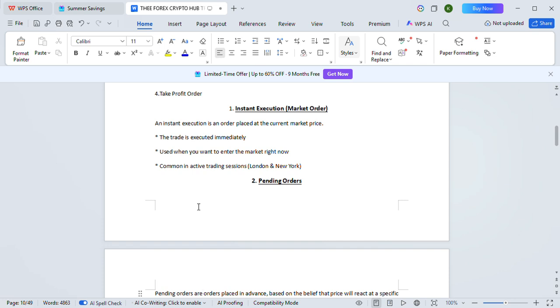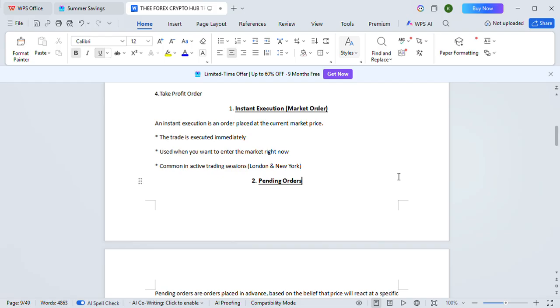When you want to enter the market right now, that is what we call the market order. Like right now, let's look at the gold price. Gold is at 43.11. So you just go to your MetaTrader 5 and execute a buy or a sell. That is what we call an instant execution.